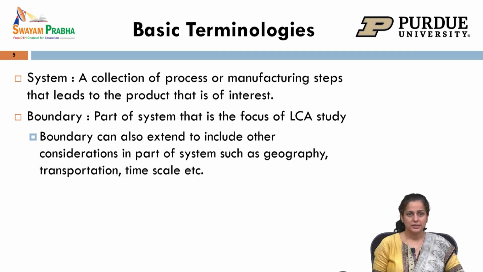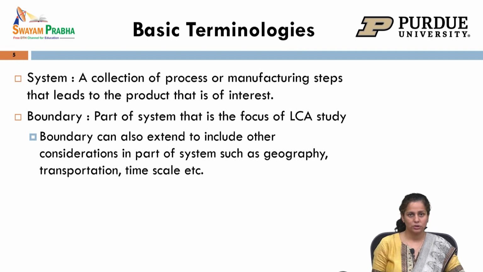Then the last technical term that is used is boundary. Of course, a system can be very large, but your LCA can be focused on the part of the system that you want to study. Sometimes the goal of the LCA may only be looking at some aspect of the manufacturing.